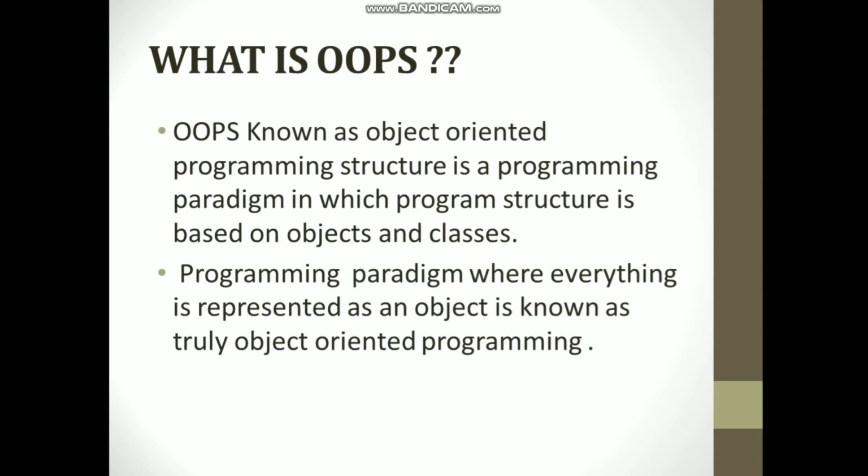Now the programming paradigm where everything is represented as an object is known as truly object-oriented programming language. Now there are some semi-object oriented programming languages also, like C++, because we can write the program without having a class, but the programming languages which do not allow us to write the program without writing the class are known as truly object oriented programming languages.